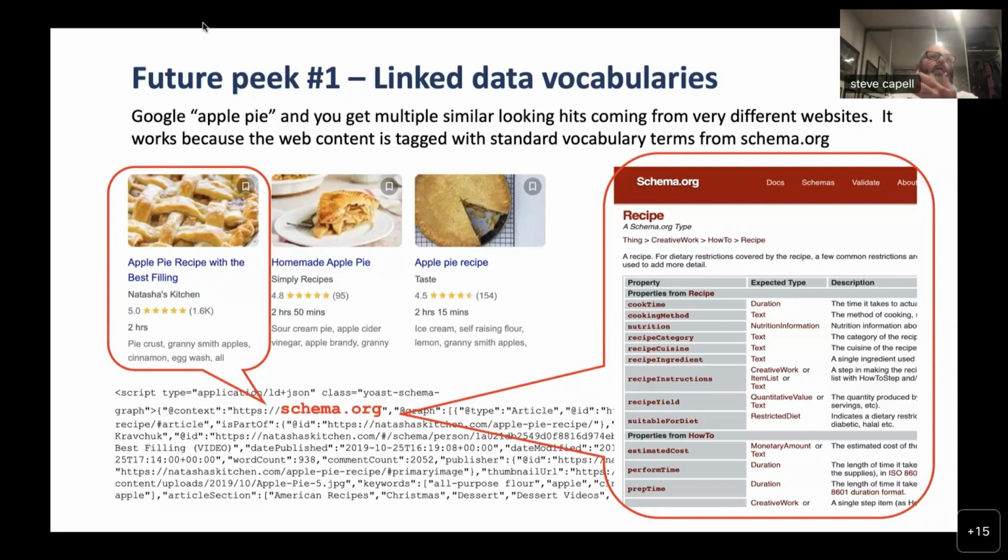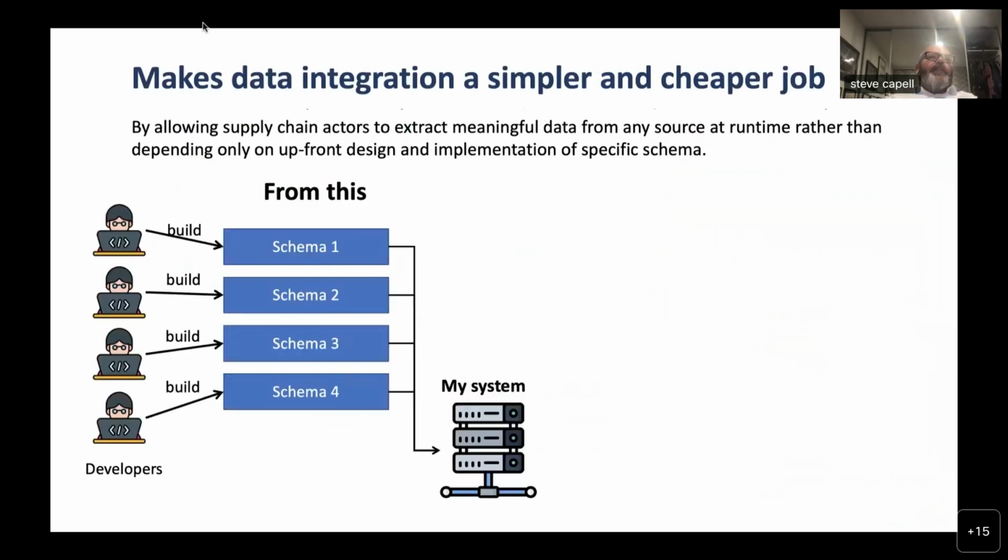So what does that mean for data integration in the supply chain? Well, it may lead us towards an opportunity to transition, where possible, from today's integration paradigm, which looks something like this. I have a system, I want to ingest or export data, whether it's a purchase order or an invoice or a waybill or whatever it is.